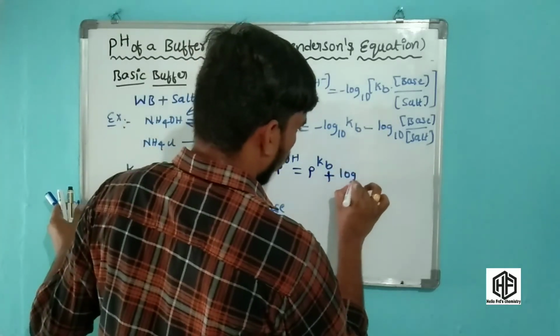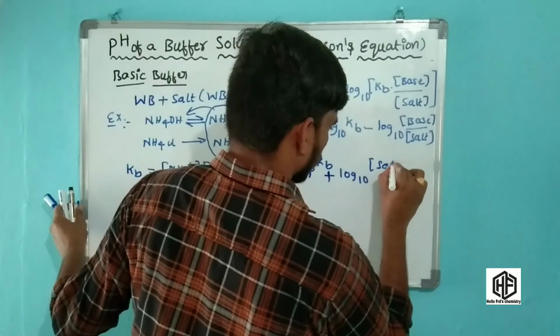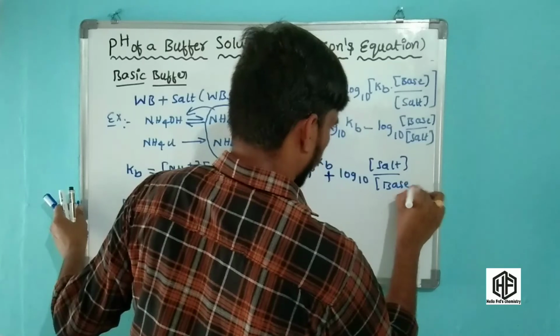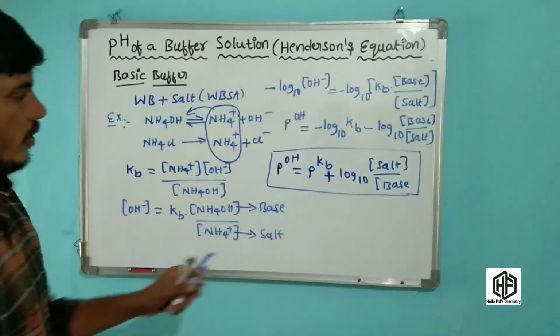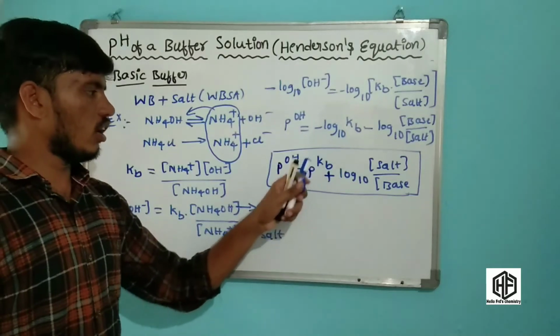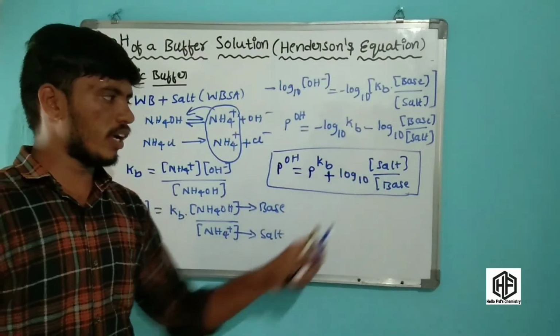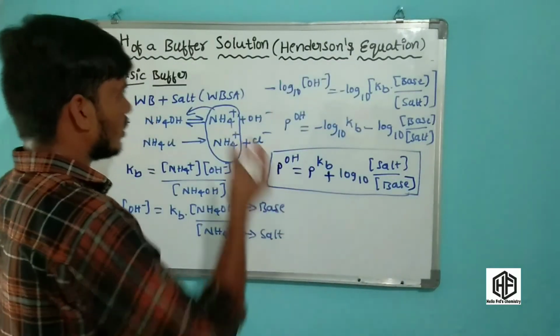So log base 10 concentration of salt by concentration of base. This is pOH is equal to pKb plus log base 10 concentration of salt by concentration of base. Now we have to find the pH.